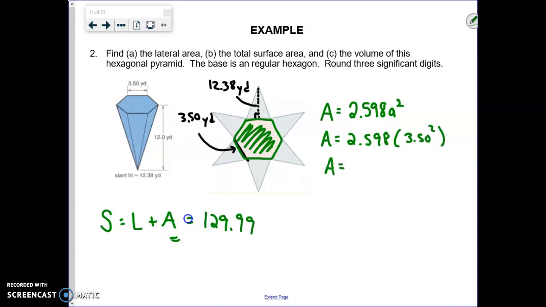If you square the length of your side and then multiply by 2.598, you get 31.8255 square yards. That's your A right here, and that gets added on to your lateral area.